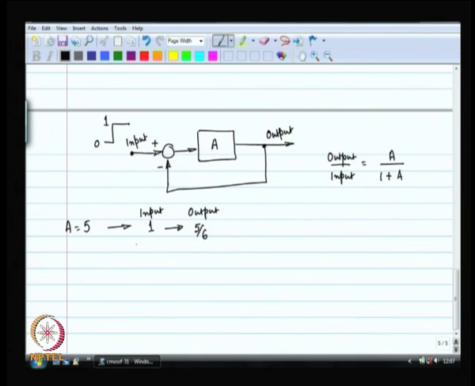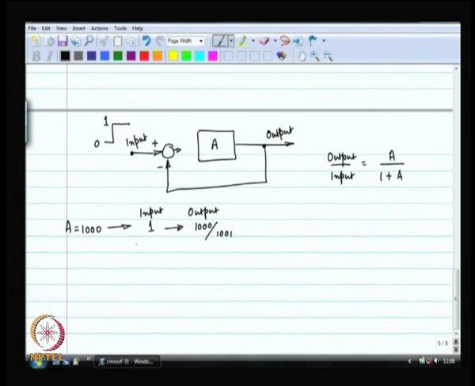Make A large. If A is 1000, high gain amplifier, even then the output is 1000 by 1001, which is not good, because the tank gun has to point perfectly at the target, not almost at the target. Okay. So, however high the gain of your high gain amplifier is, it is not going to do a good job. So, what do we do?